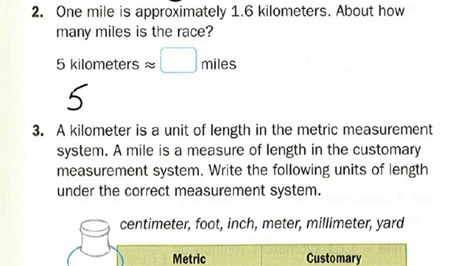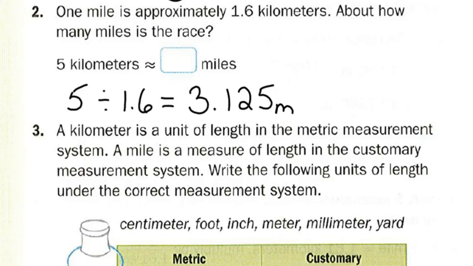So we're going to take our 5 kilometers, we're going to divide it by 1.6 to see how many groups of 1.6 are in that 5, and that tells us that we have about 3.125 of those 1.6s, and every one of those 1.6 kilometers is equal to 1 mile, so this is 3.125 miles.